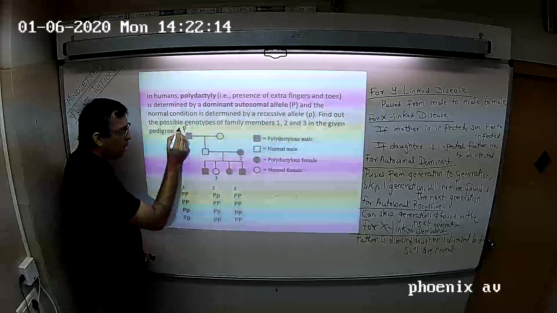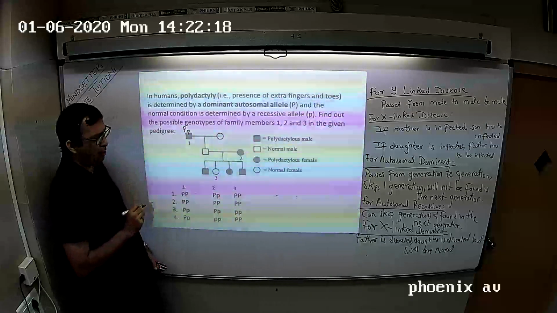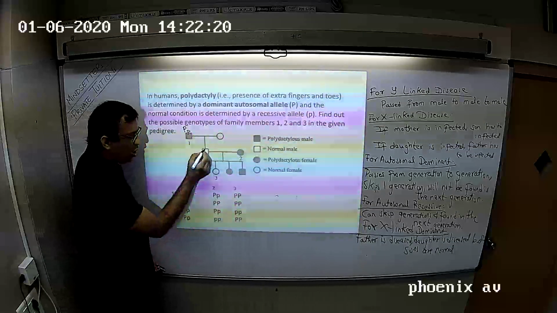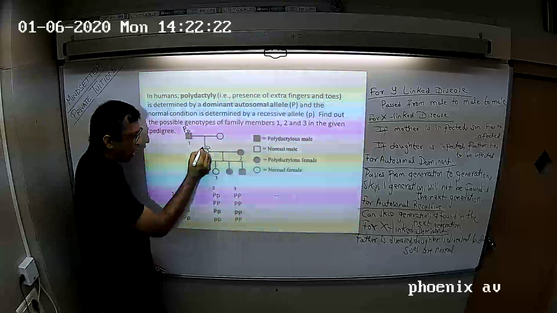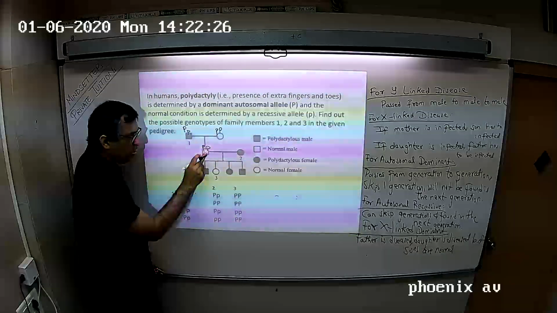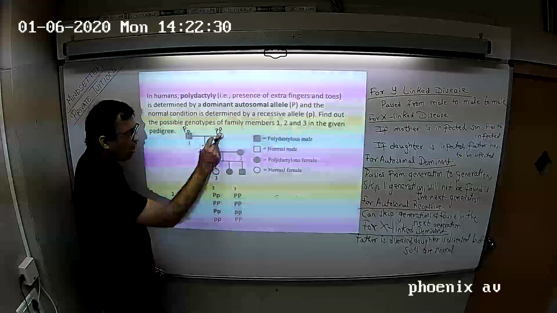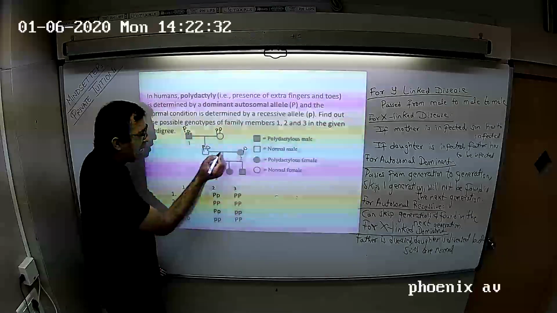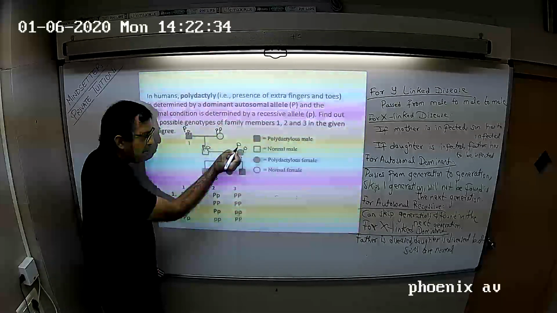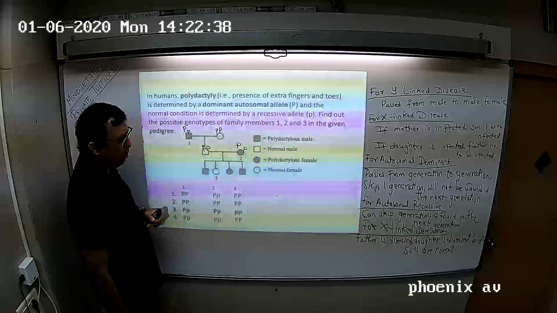So capital P for polydactyly, small p for normal. And this child got normal gene, small p, and this son got small p. What does the daughter get? Daughter got from mother small p, but from the father capital P, so she got polydactyly. Capital P is dominant over small p.